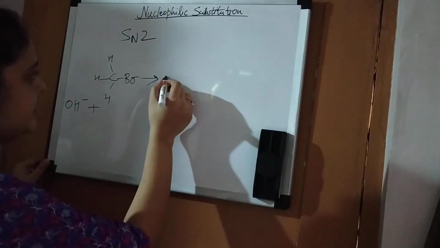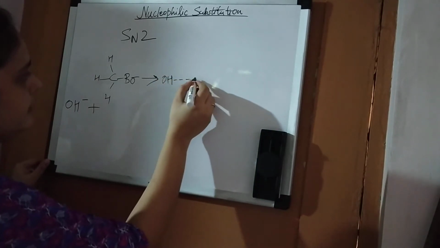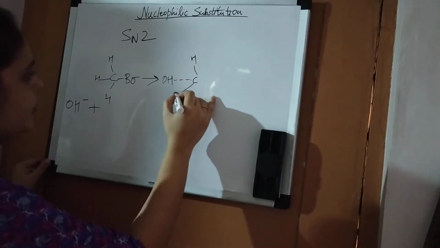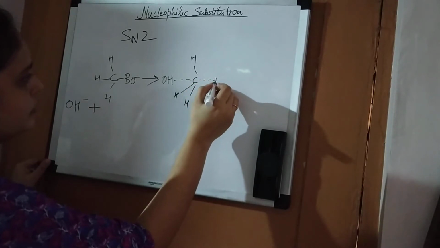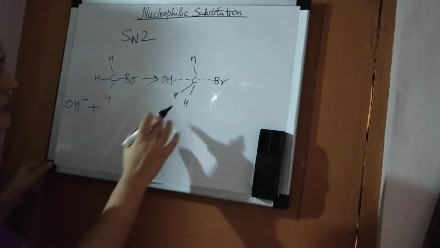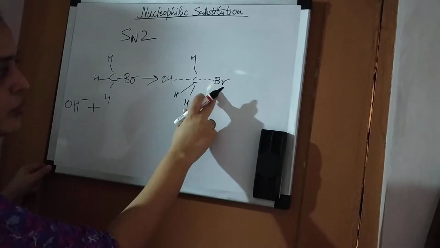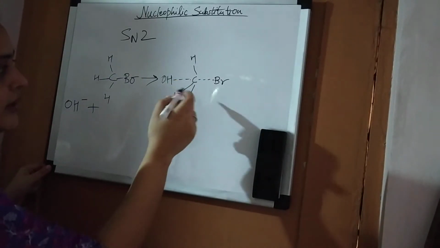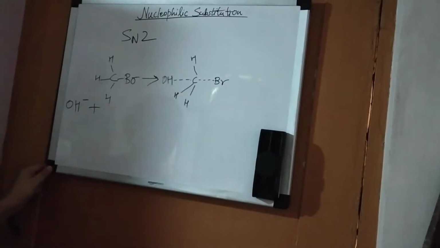The OH group is attacking from this side, and the carbon is already bonded to bromine. This is the transition state, in which OH is attacking from this side and the bromine group is leaving. The carbon is already attached to four groups, 1, 2, 3, 4, and this fifth one is the incoming group.